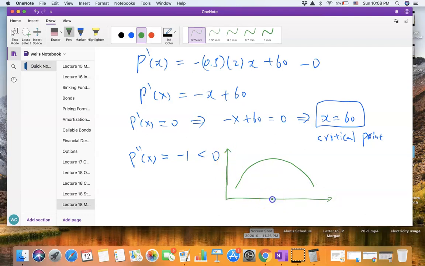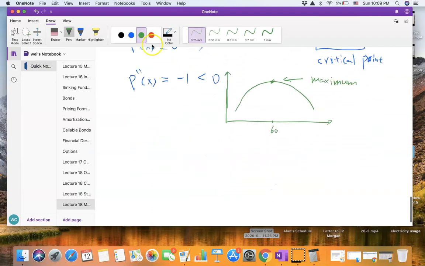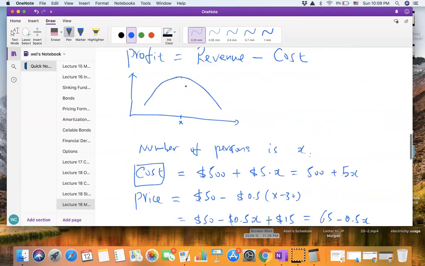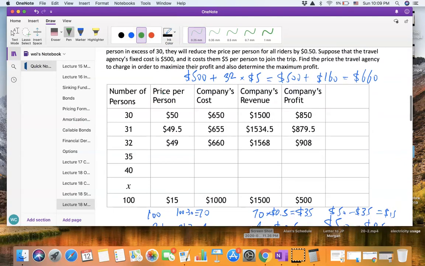So at this critical point, the function has a maximum value. If you use the first derivative test, you will get the same result. So we can conclude that for this travel agency to achieve a maximum profit, x should be 60.